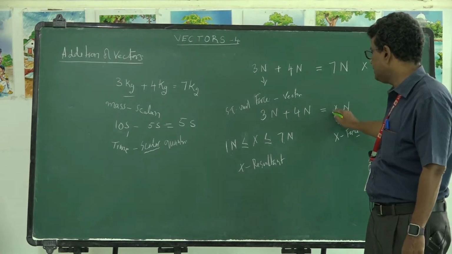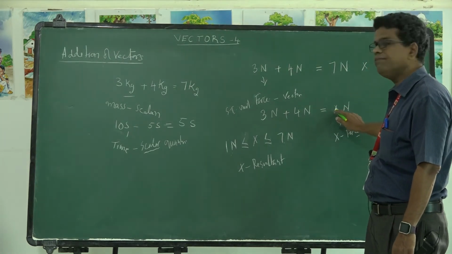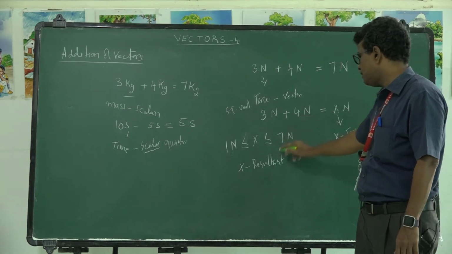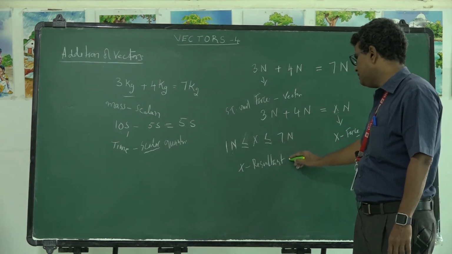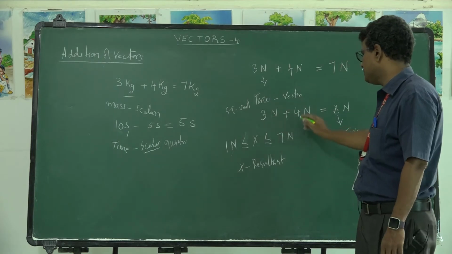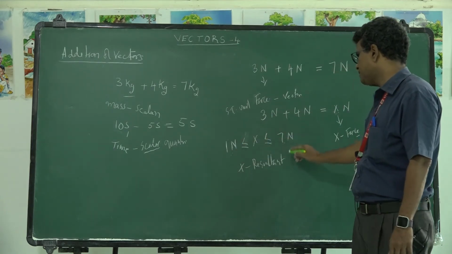That vector is called the resultant. That resultant value lies between 1 newton and 7 newtons.